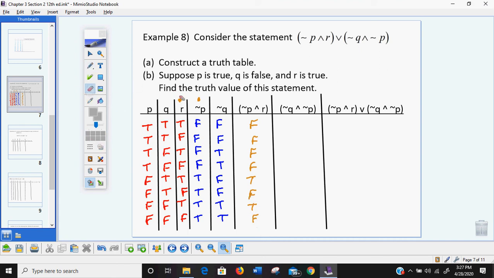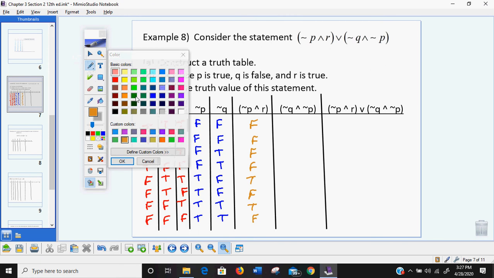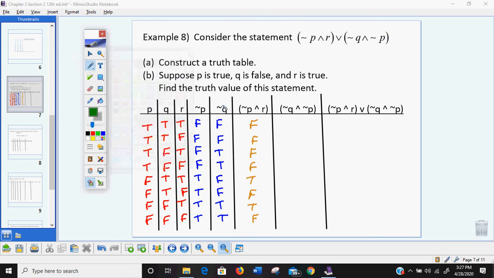Okay, so let me erase this. The next thing we're going to look at, let's get a different color here. For this one, we're looking at the not Q and the not P. It says not Q and not P. So we're looking at these two. And means they both have to be true for a true. So it's going to go false, and then another false, another false, and another false.